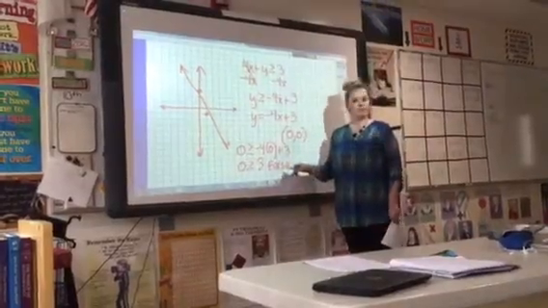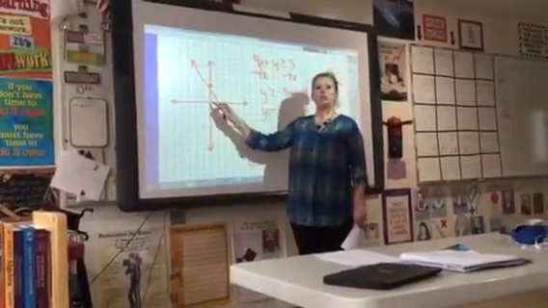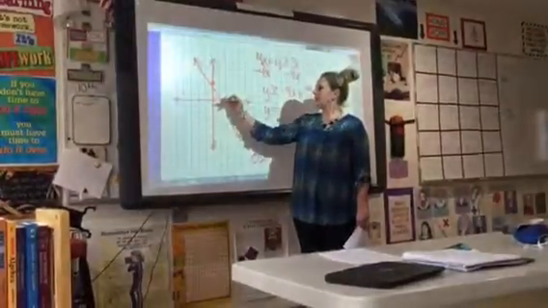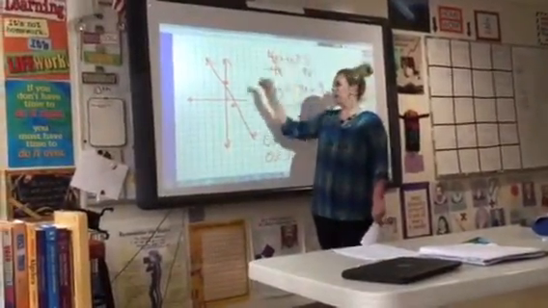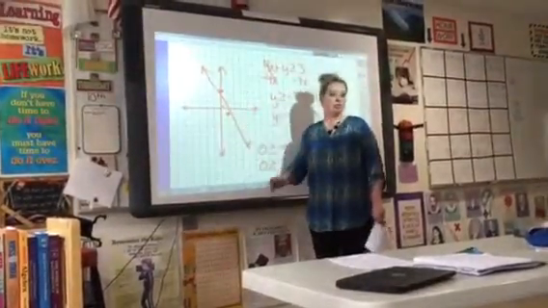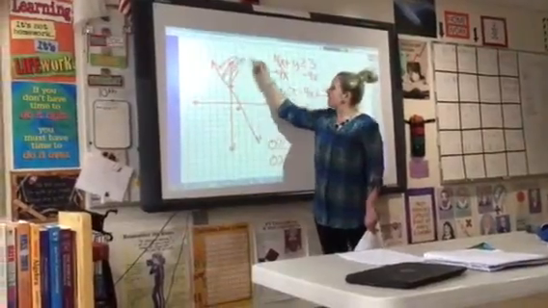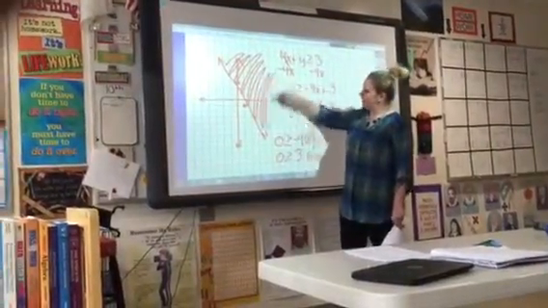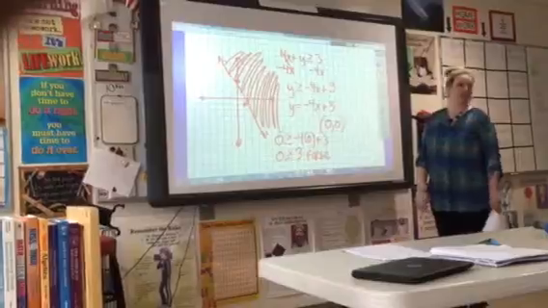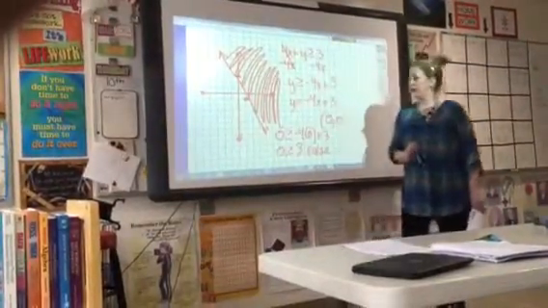If it's false, I shade from my line away from the test point. If it's true, I would shade from my line towards my test point. So in this case, it's false, so I shade from my line all the way to the other side of it, nothing towards 0, 0, all the rest of it.